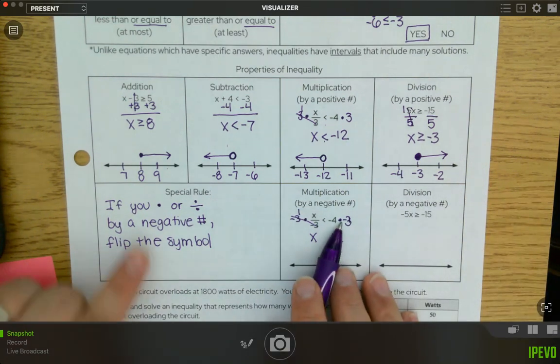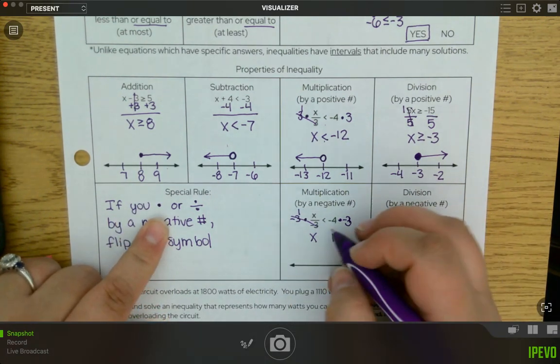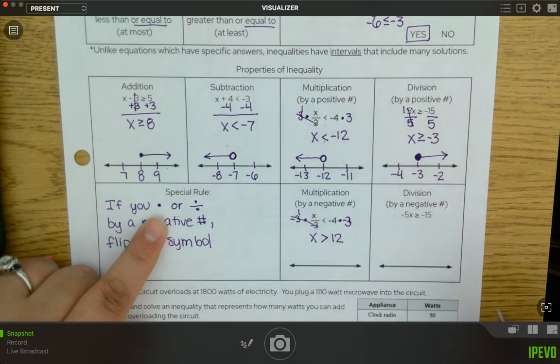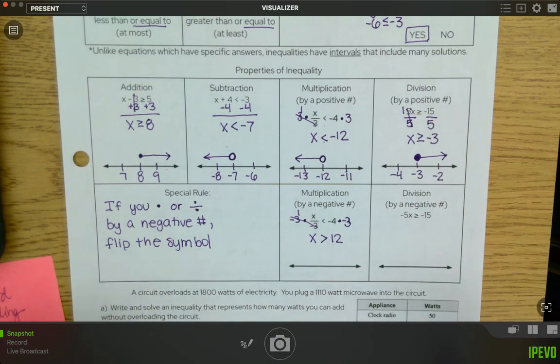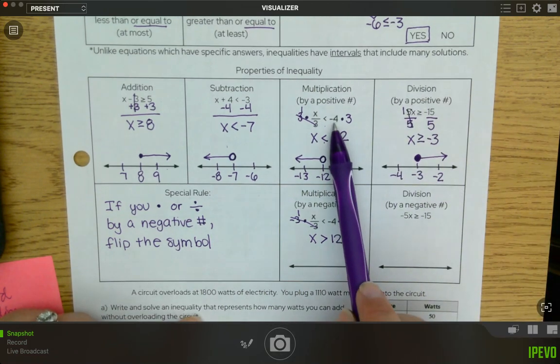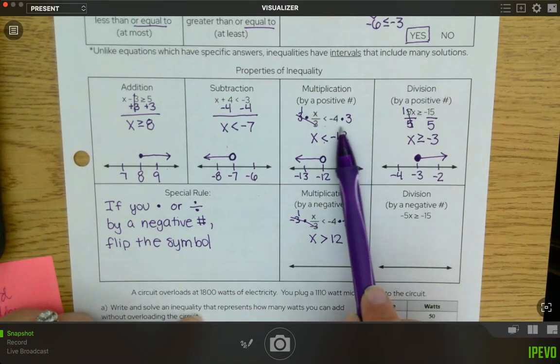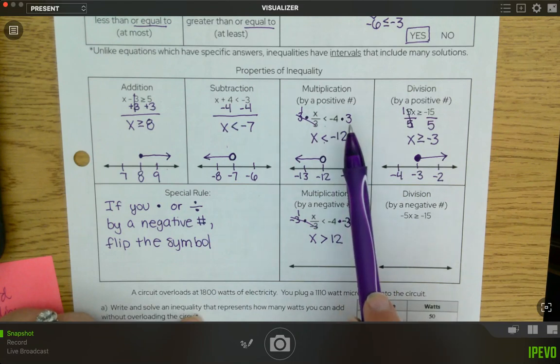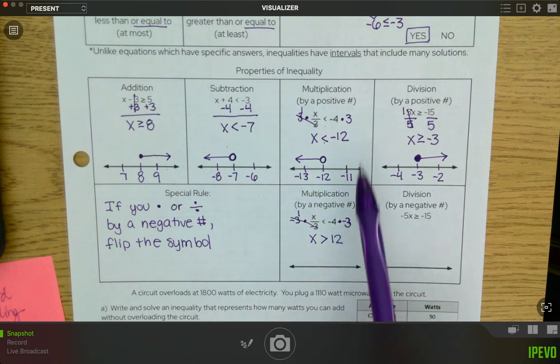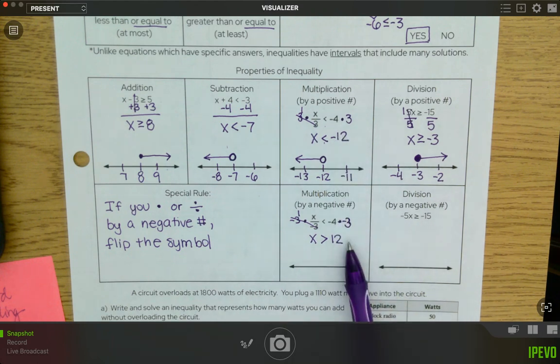Since I multiplied by a negative number, -3, the symbol flips the other way. But be careful, because it's not any time you see a negative. Like up here, I was multiplying and there was a negative involved, but I was multiplying by 3, not -3. So up here, it didn't have to flip. Down here, it does have to flip.